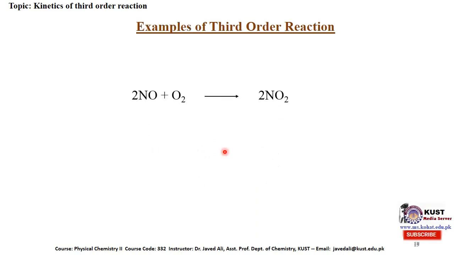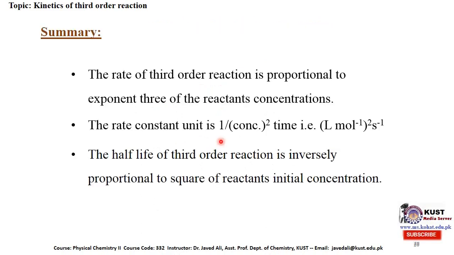Example of third order reaction. Below are some examples of third order reactions. Summary of today's lecture. The rate of third order reaction is proportional to exponent 3 of the reactant concentration.